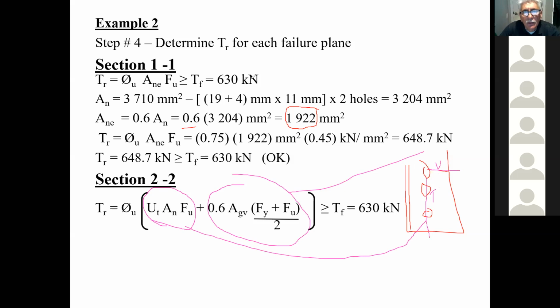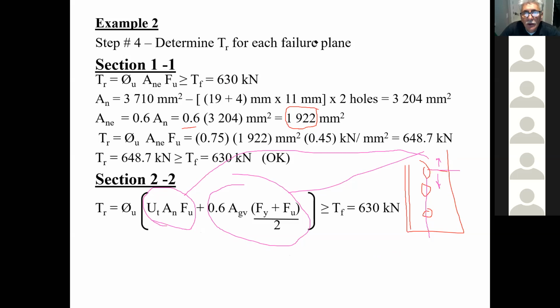Let me erase all that. My mistake. So here the material is being pulled in tension, right across that failure plane. So this equation will take care of this. Let me erase this because this is incorrect. So this part of the equation takes care of that little failure plane up here.